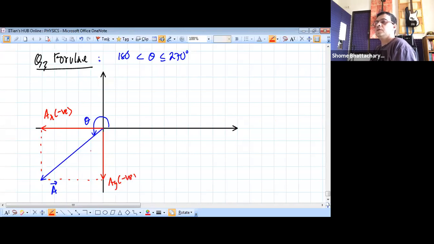They're both negative. Okay. Now, if this angle, we take it this as alpha. So we can write theta as 180 plus alpha, or we can write alpha as theta minus 180 degrees, like this.